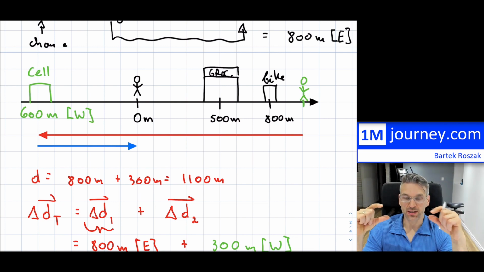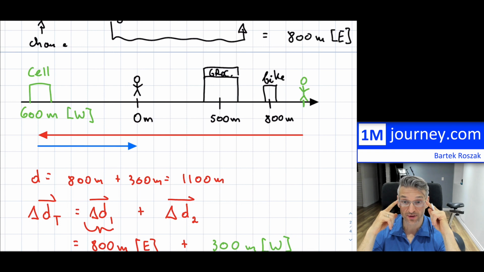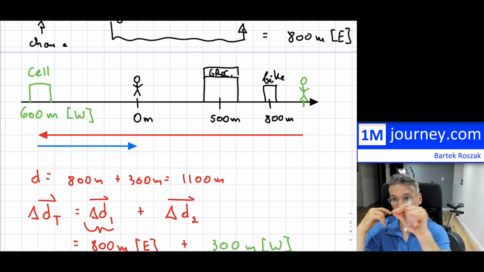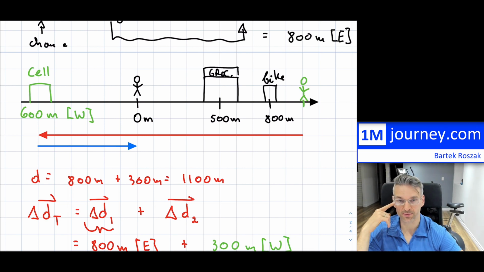So visually, I like drawing these particular little vector diagrams, because it allows us to see what the resultant is. So the resultant vector is basically what happens as a result of your friend going all the way to the cell shop and then coming back.